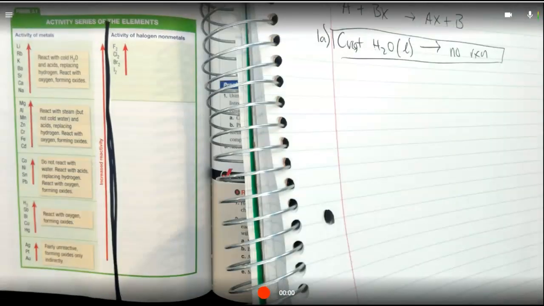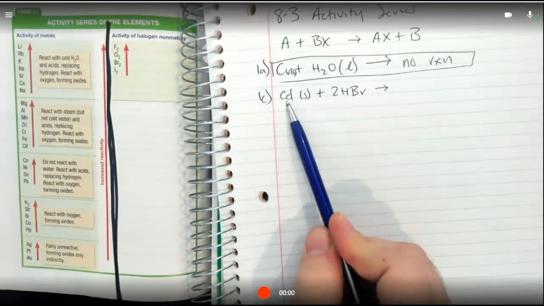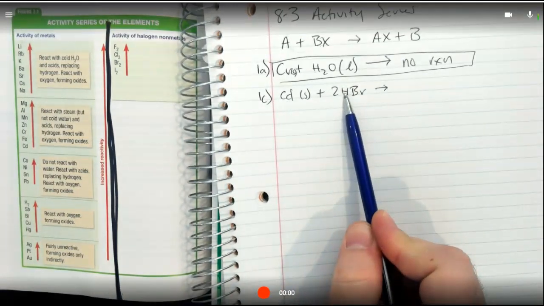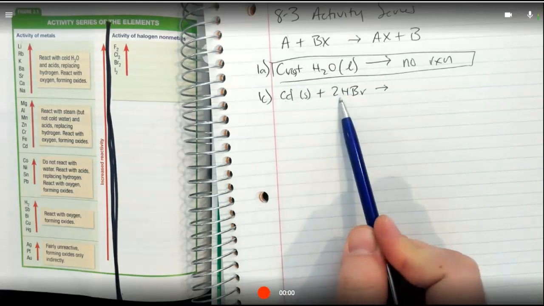If we take a look at 1C, we have cadmium attempting to react with HBr, hydrobromic acid. So cadmium is trying to replace hydrogen. Remember, cations replace cations. Cations replace cations.